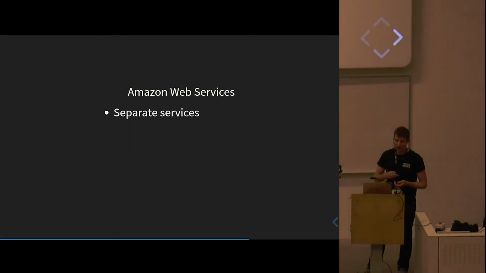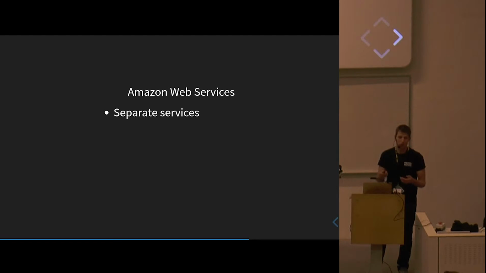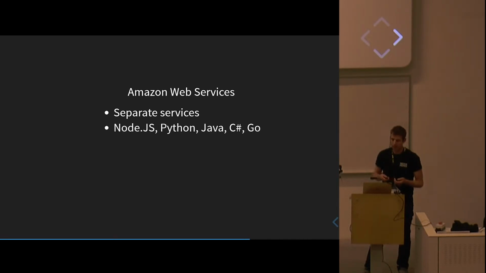Amazon, basically it's separate services. So it's not as easy as doing this with Firebase, where you just say Firebase deploy. You need to use other tools or do it manually in their UI. They do support a lot more languages. Again, no PHP. And they have a really cool web console using Cloud9 IDE. So again, very powerful.